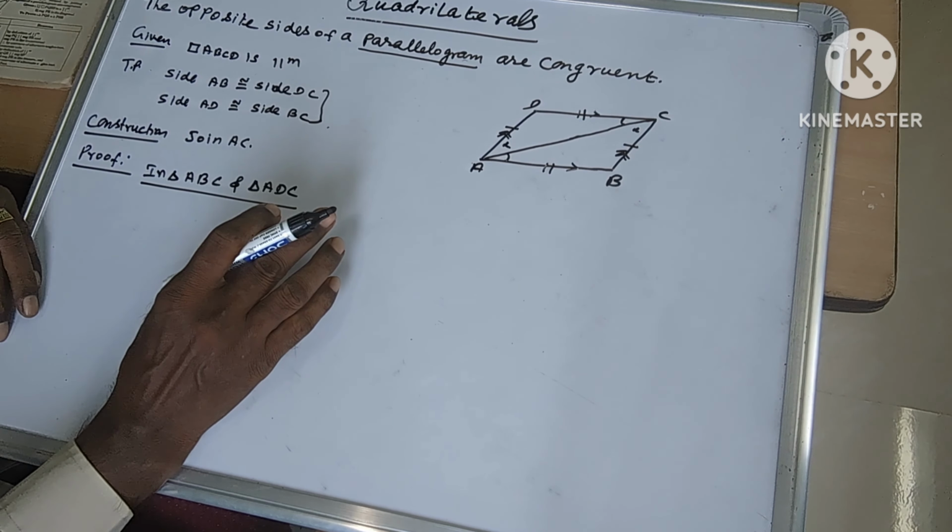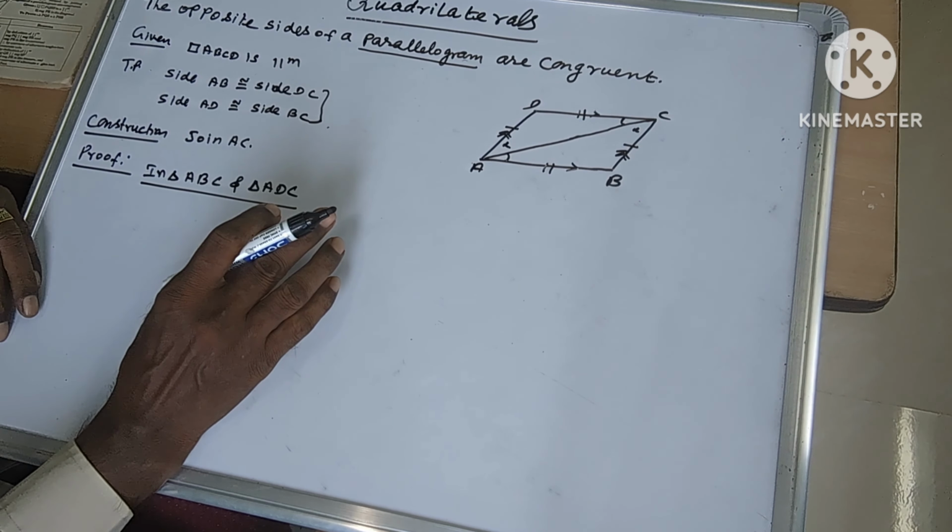Next, about the angles. Here this angle is congruent because these two are parallel, and this is a transversal. Transversal means alternate angles are congruent. So this is one pair of alternate angles. In the same way, this alternate angle is also congruent.